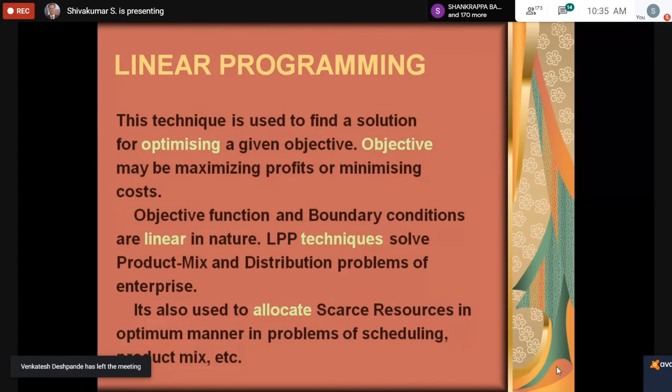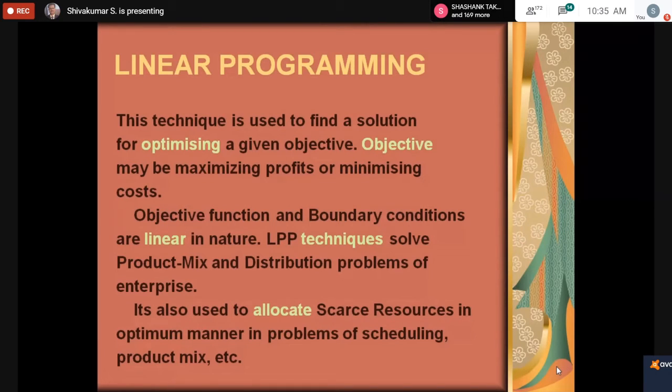Normally, when you want to solve problems using the graphical technique, the graphical solution of OR, you have only two variables like x1 and x2, so only two axes, the x-axis and y-axis. These x1, x2 can be plotted using the two axes, so we have linear equations.